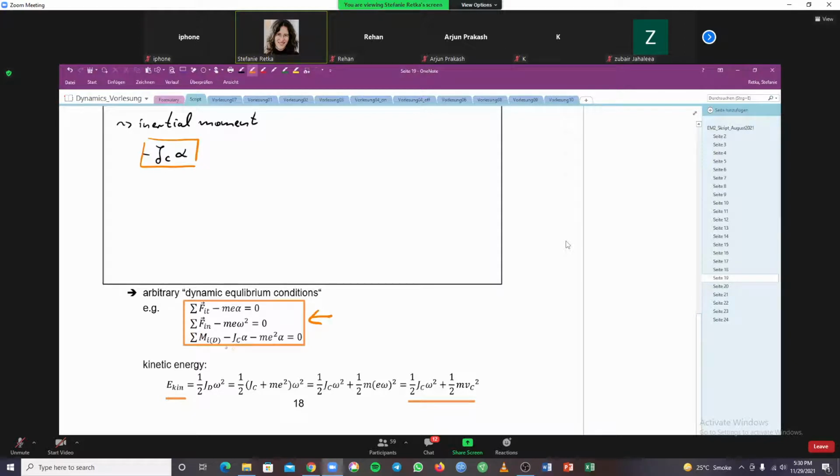And then we have two components here, the inertial moment with respect to the center of gravity and the Steiner share, which is a result of the tangential inertial force. And again, in this kind of motion, we have to consider kinetic energy using this equation right here, being derived as on the previous page.